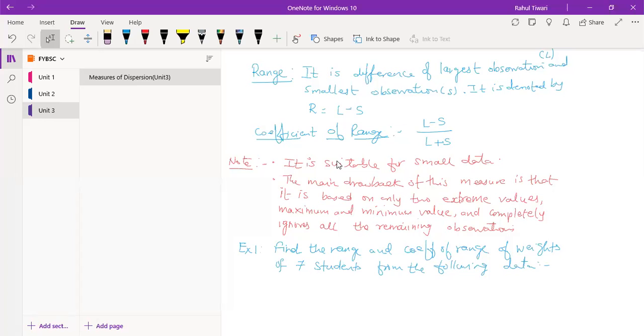You can take down the weights. Try to calculate using the above concepts and let me know the answers. These are the weights given in kg.